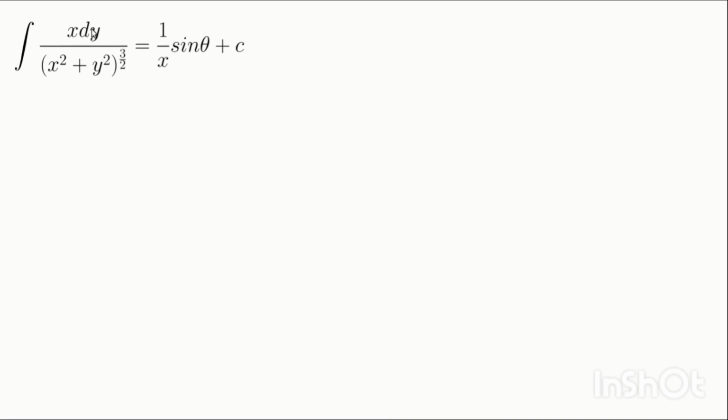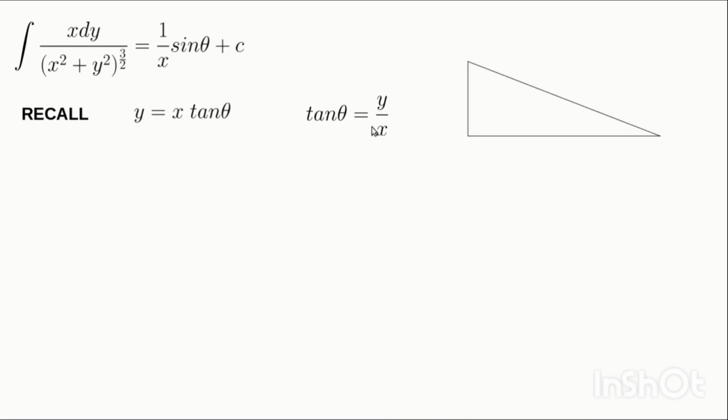To do that, we recall our expression y equals x tan theta, which is the expression we initially assumed. If we rearrange this one, it becomes tan theta equals y all over x. Now, we can quickly draw a triangle of this form, where our theta here can be placed here.